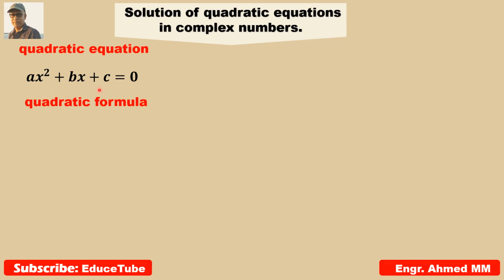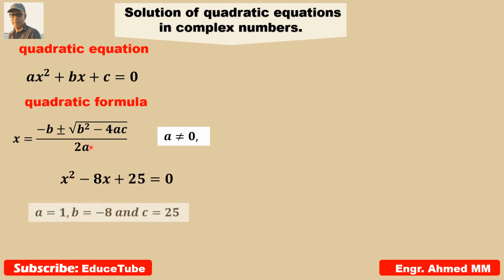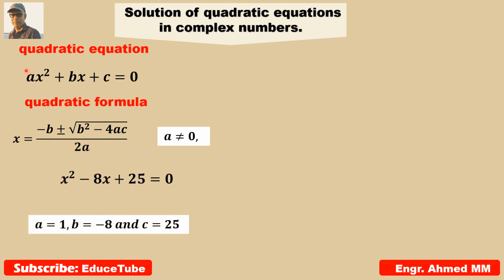The quadratic formula we can write as x equals minus b plus minus the square root of b square minus 4ac, divided by 2a. But the condition is that a will never be 0, a not equal to 0. This is a very important condition.